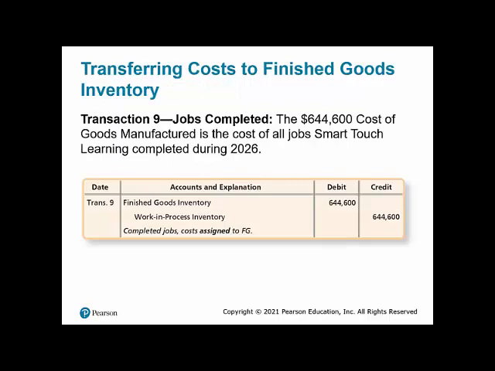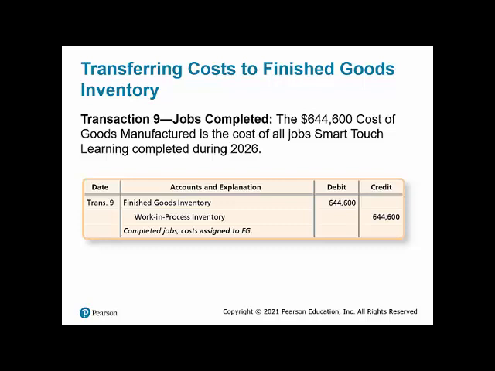The first transaction we are going to look at is how to record the cost of goods manufactured for the jobs that have been completed. Normally we would make a journal entry each time an individual job is completed, but for our purposes we're just going to look at one summary entry.